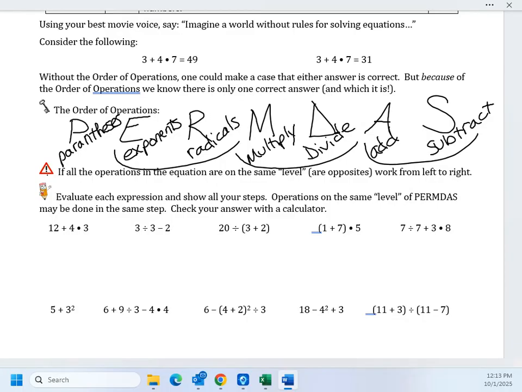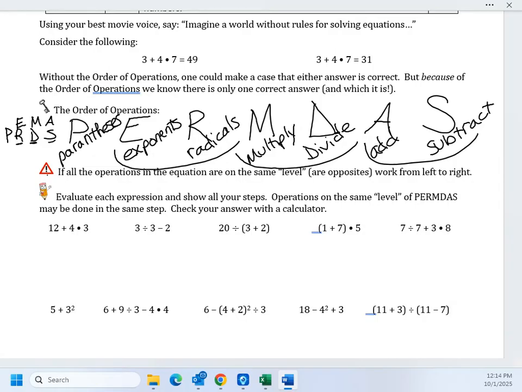So really, it's fun to say PEMDAS because it makes kind of a goofy word that we can say to remember order of operations. But what we really should do is have our parentheses and then exponents and radicals together, multiply and divide together, add and subtract together.